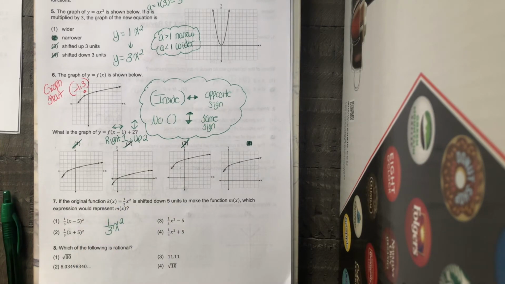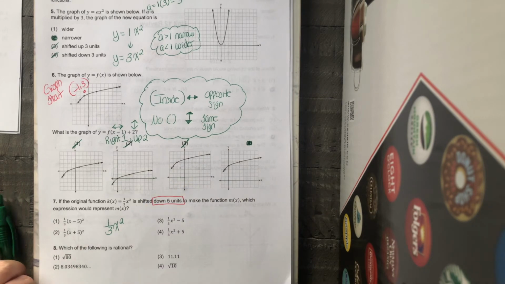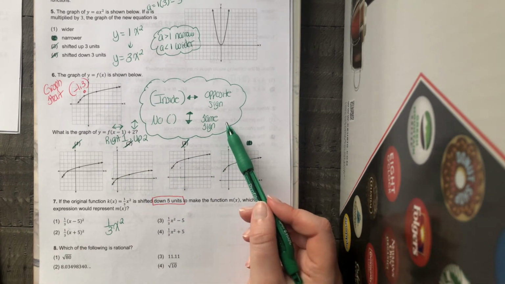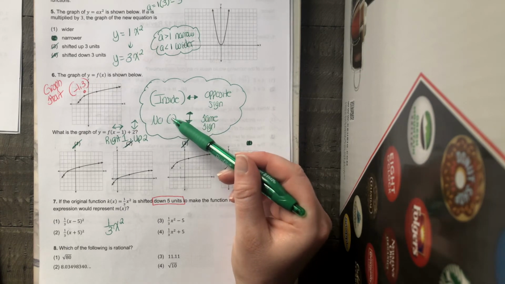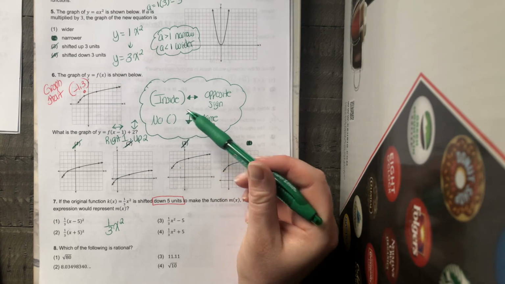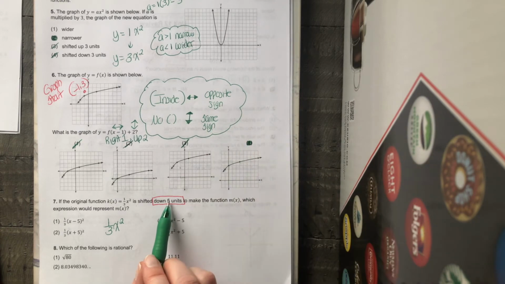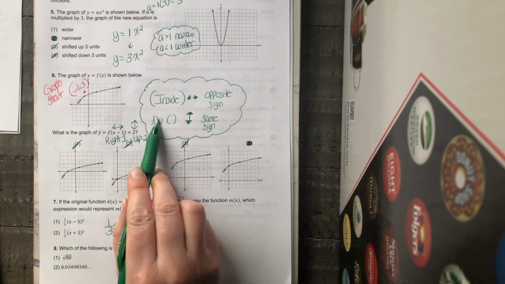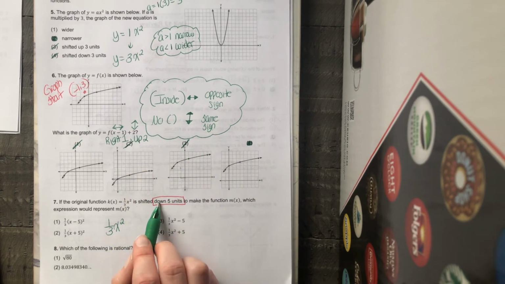If I'm shifting 5 units down, if I just look at the notes that I wrote up top here, well, if I'm moving up or down, there should be no parentheses around that number, and I'm literally going to keep the sign. I'm writing what it says. So this 5 gets no parentheses, and I'm going to write -5 because it says down 5.